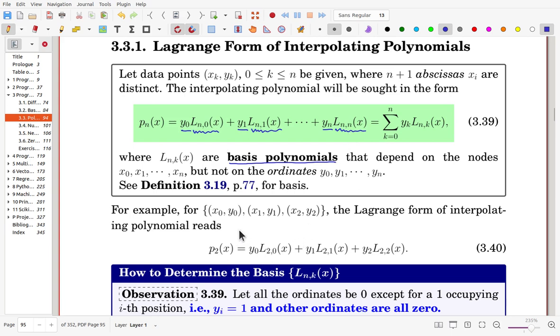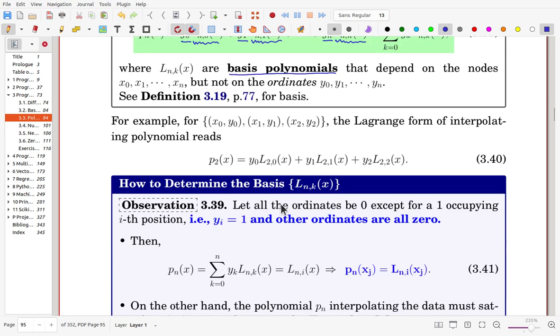For example, for 3 points, k from 0 to 2, the Lagrange form of the interpolating polynomial is given in this way. Here n is 2, and y0, y1, y2. In this way, we'll construct the interpolating polynomial.